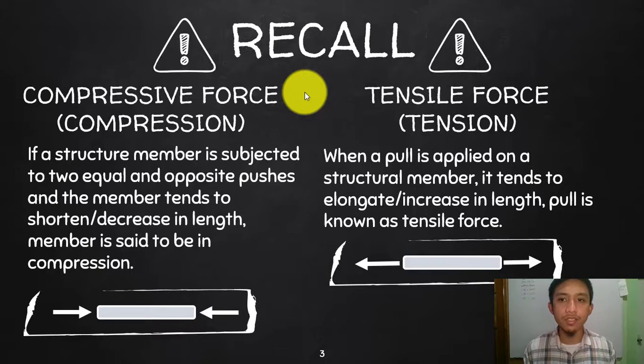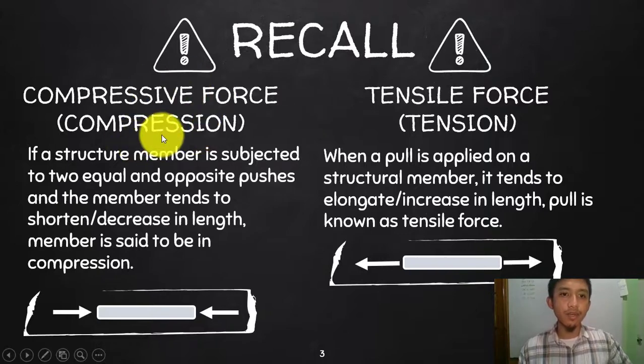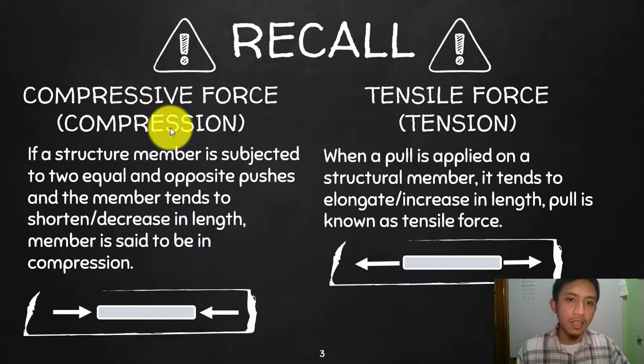We have what we call compression and tension. The only difference here is that compression is a force which tends to shorten or decrease a length, or it is just a force pressing towards a certain material. That is compression, or compressive force.